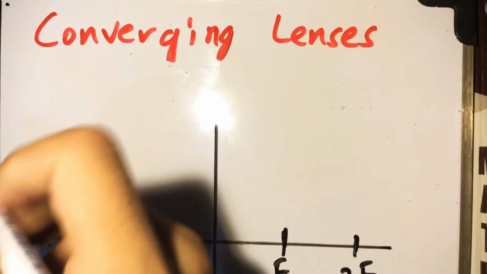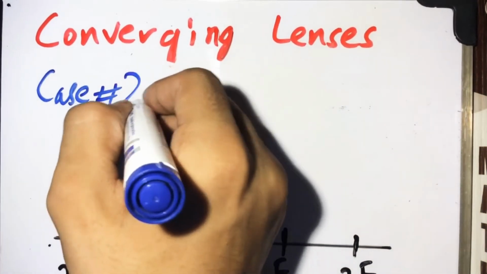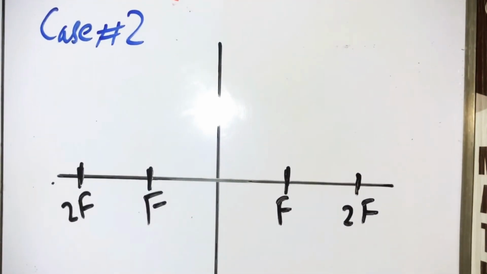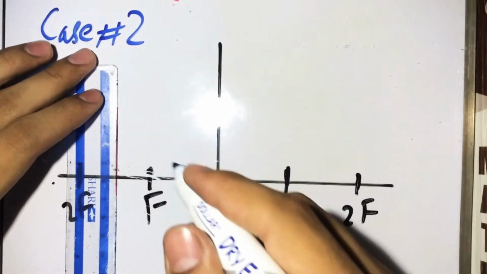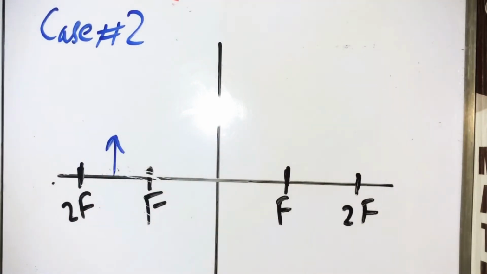Now we're doing case number 2 of the converging lens. In this case, the object is placed between f and 2f. For example, this is the object.